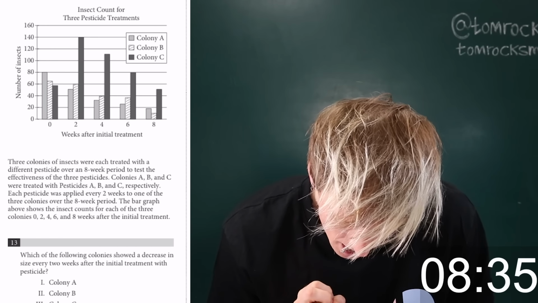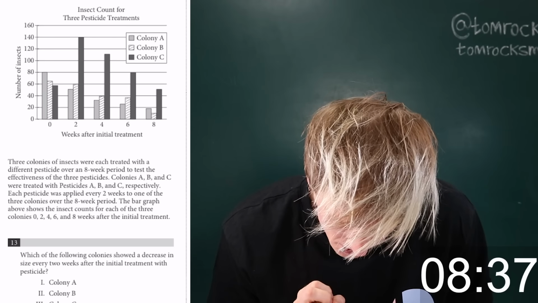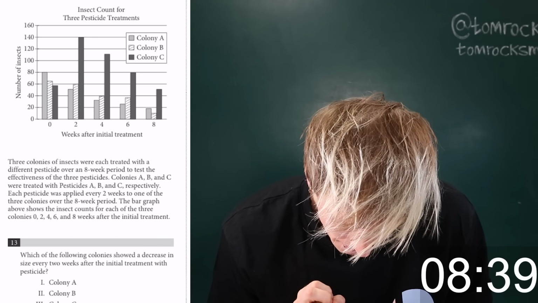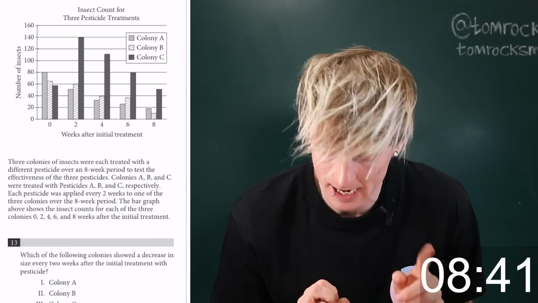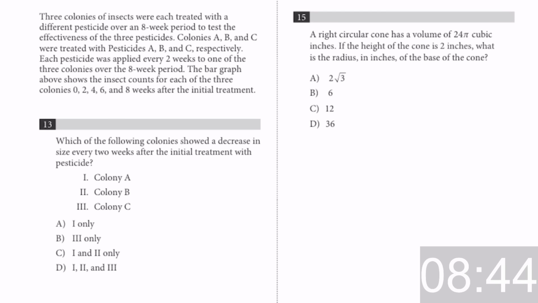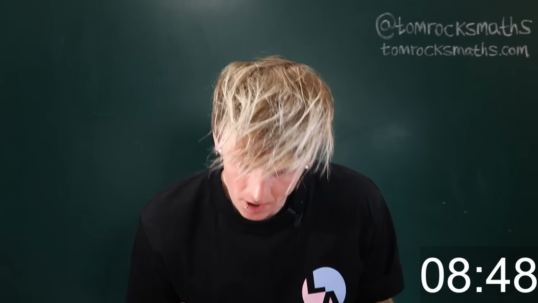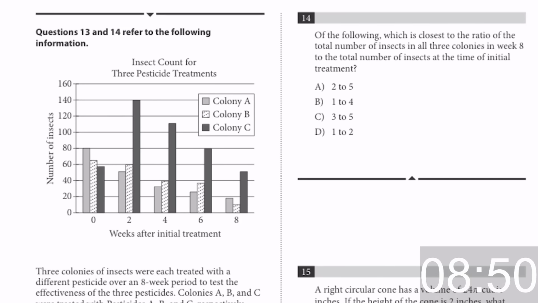So I think A and B are both going down, but C goes up initially. Yeah, so the solid grey ones go down and the dotted ones go down. So both A and B go down. So 1 and 2. Okay, of the following, which is closest to the ratio of the total number of insects in all 3 colonies in week 8 to the total number at the initial treatment? Okay, so we've got 80 plus 2 lots of 60, approximately.